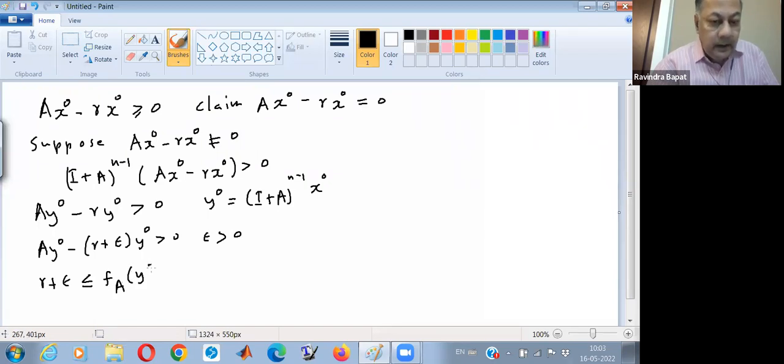This was that other definition of FA that I gave in one of the earlier results. This is true for every small positive number epsilon.